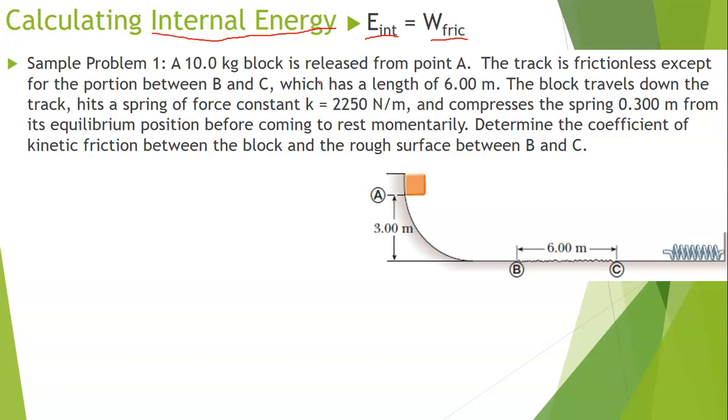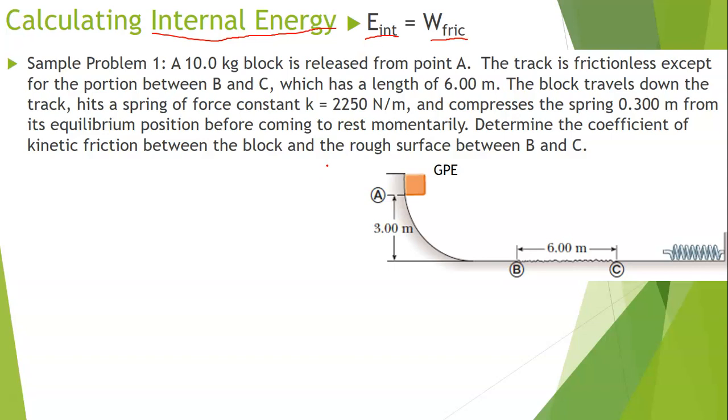So as always, we start out conservation of energy problems by analyzing the initial scenario and the final scenario. Our initial scenario is the block being up here, and our final scenario is the block has come to a rest while compressed against this spring. In the initial scenario, we're just going to have gravitational potential energy.